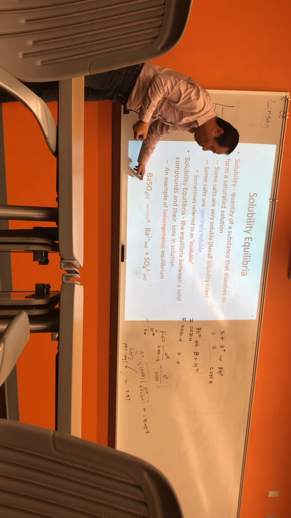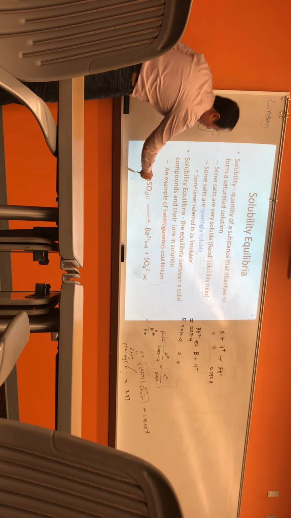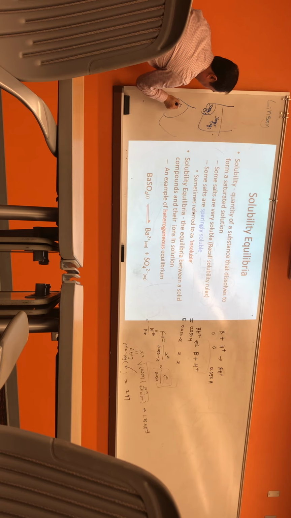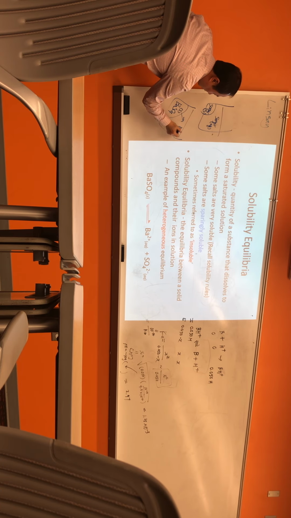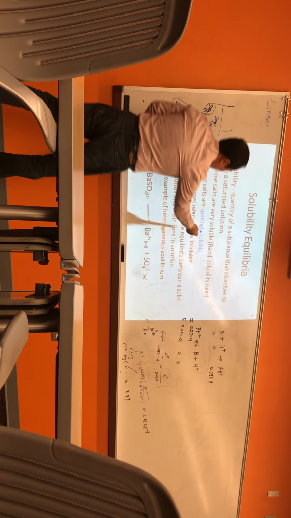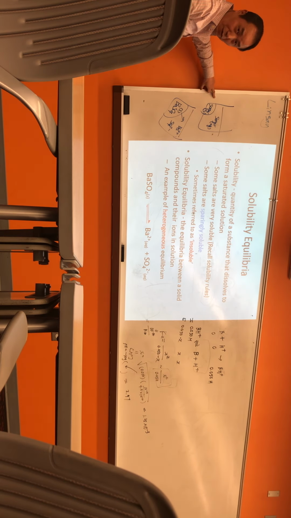This is an ionic compound. So the solid form of barium sulfate will dissolve in the water and dissociate as ions, like this. Okay? So when we say soluble or insoluble, it includes both ionic and covalent compounds.